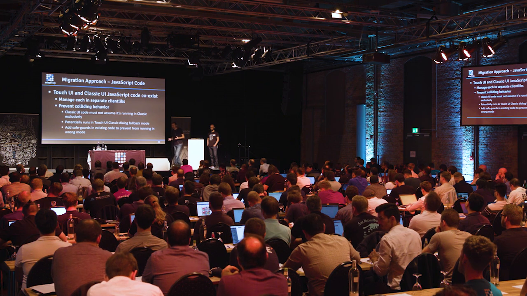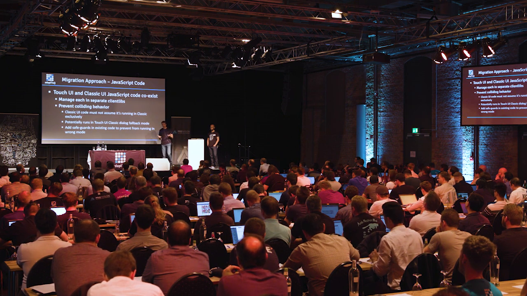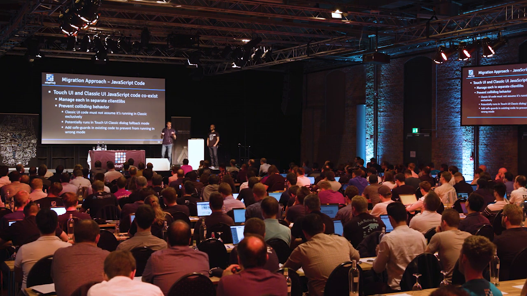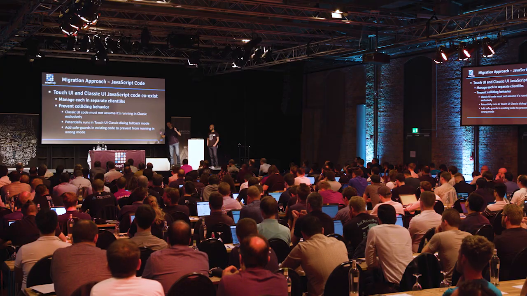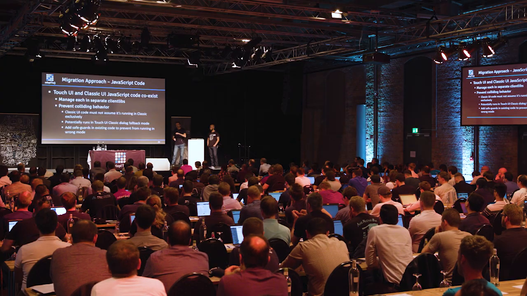Our recommendation is to really separate both of these JavaScript files, meaning separate them and manage them in separate client libraries. Why is it so important? First of all, you're going to avoid all the mess with conditional statements where you say, okay, if I'm now running in Classic, then I do this, otherwise that.